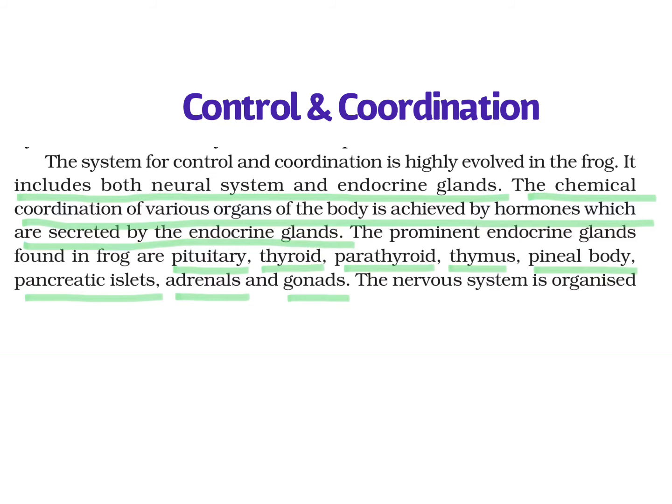Actually, the chemical coordination of various organs of the body is achieved by hormones. We all know that hormones are released by endocrine glands, and the prominent endocrine glands found in frog are pituitary, which is found in the head region, then thyroid, parathyroid, which are connected, then thymus, pineal body, pancreatic islets, adrenal glands and gonads.